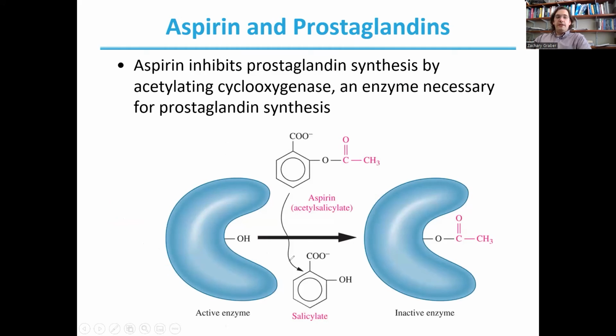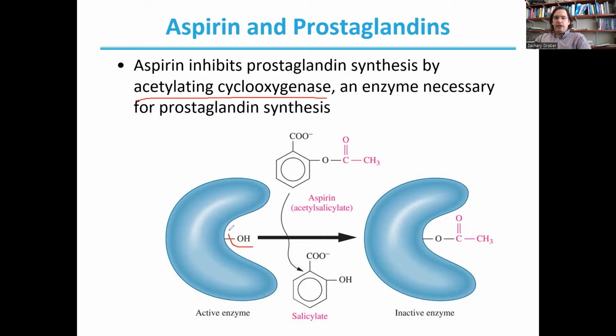Aspirin, of course, is a key example of this. So aspirin inhibits the prostaglandin synthesis by acetylating cyclooxygenase. So cyclooxygenase is involved in oxidizing arachidonic acid. It creates one of those cyclic groups within the prostaglandins and the thromboxanes.